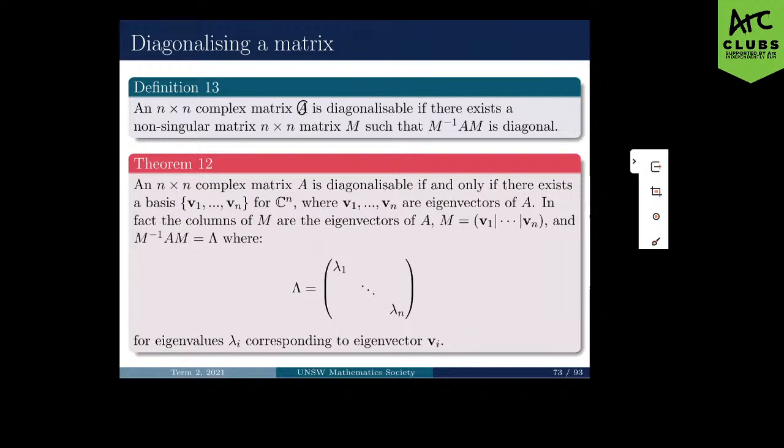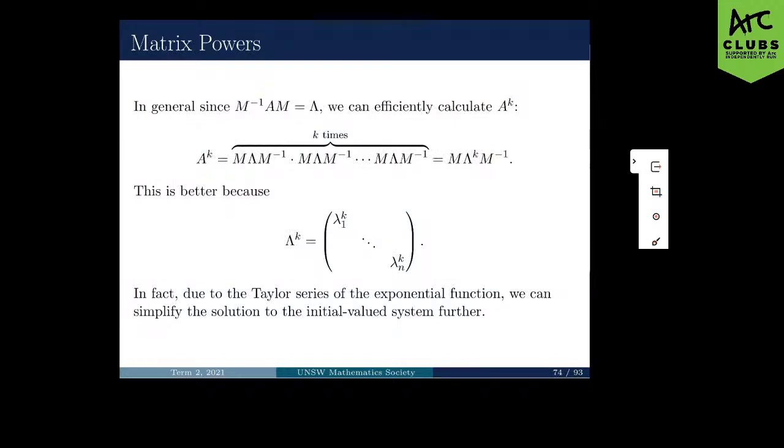We just choose the matrix M as the matrix of eigenvectors of the matrix A, and the diagonal matrix that results from this is a diagonal matrix of eigenvalues. Also the eigenvalues correspond to the eigenvectors, like the columns correspond. So that's a quick revision of how we diagonalize matrices.